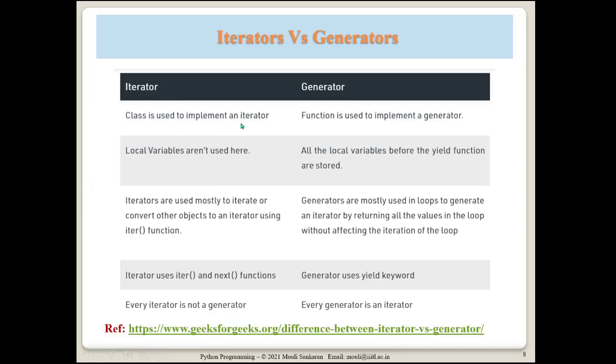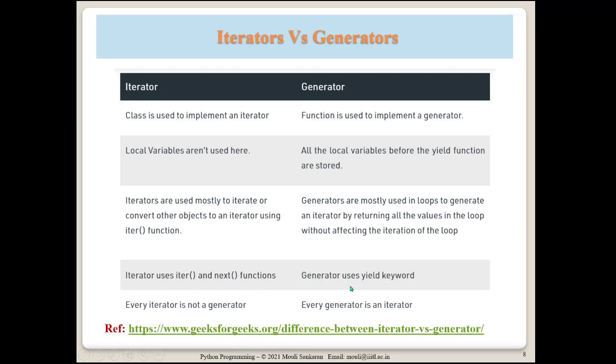Iterator class is used to implement an iterator. Function is used to implement a generator. Local variables aren't used here. All the local variables before the yield function are stored in a heap, as I told you. Iterators are used mostly to iterate or convert other objects to an iterator using the iter function, which we saw. Generators are mostly used in loops to generate an iterator by returning all the values in the loop.